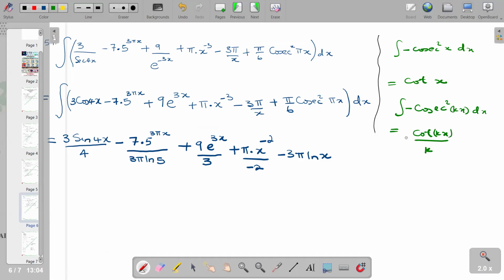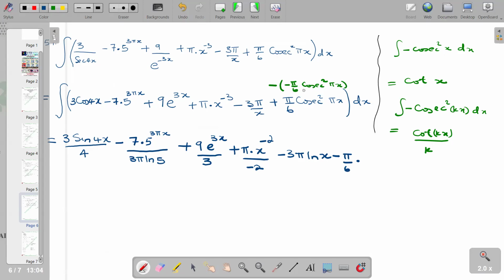So using that, instead of reading it like this, we can write it as minus, then in bracket we put minus pi over 6 cosec squared pi x, so that we have this minus, which we know from the formula. So integrating that, we are now going to have minus pi over 6.